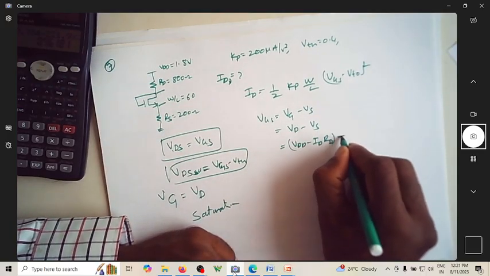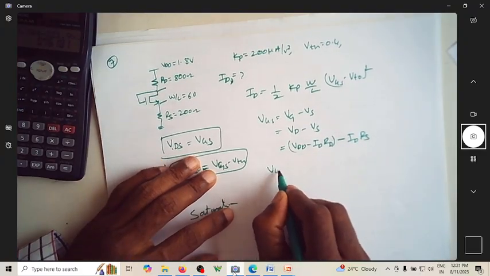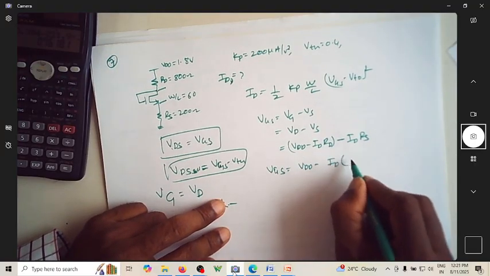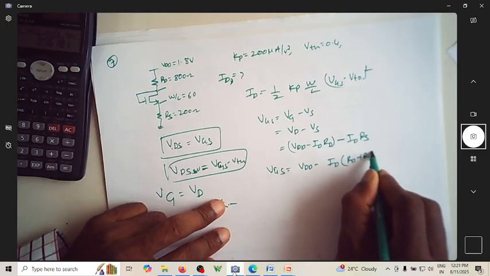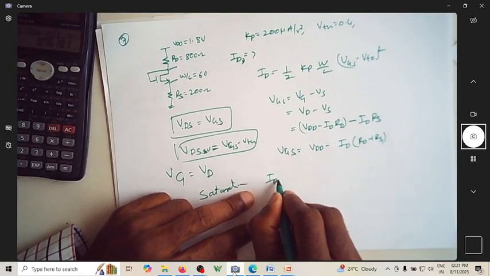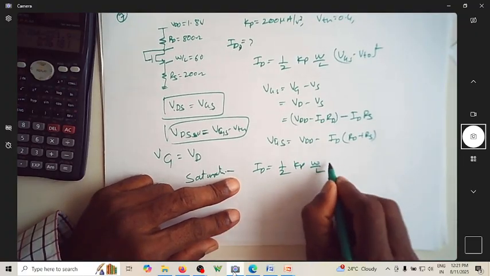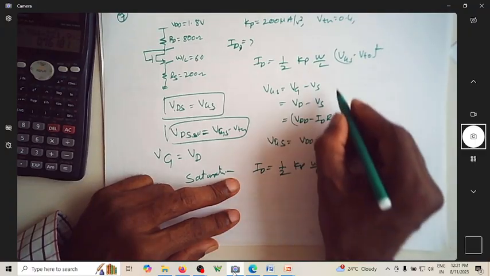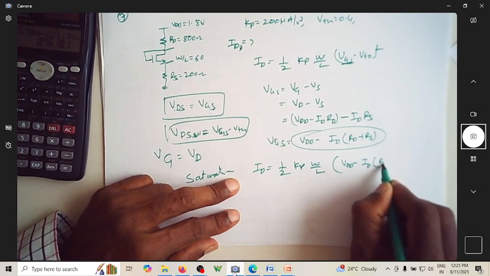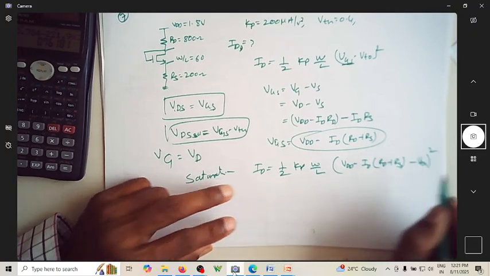This is your VD, and VS is ID into RS. So naturally VGS happens to be VDD minus ID into (RD plus RS), because when you take out this negative ID as common, it is this. So now ID is equal to half Kp W by L, and in place of VGS I'll replace this VDD minus ID into (RD plus RS), minus VTH also.